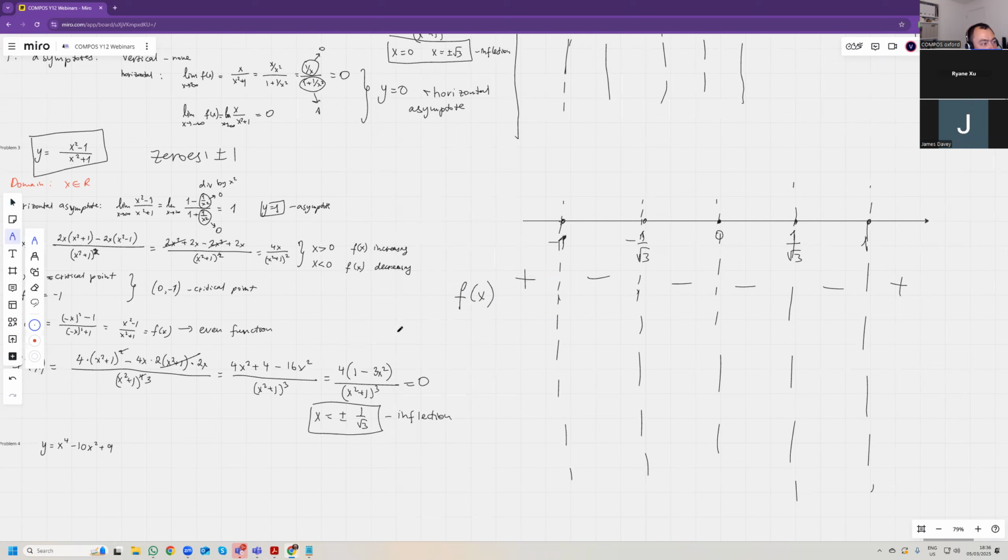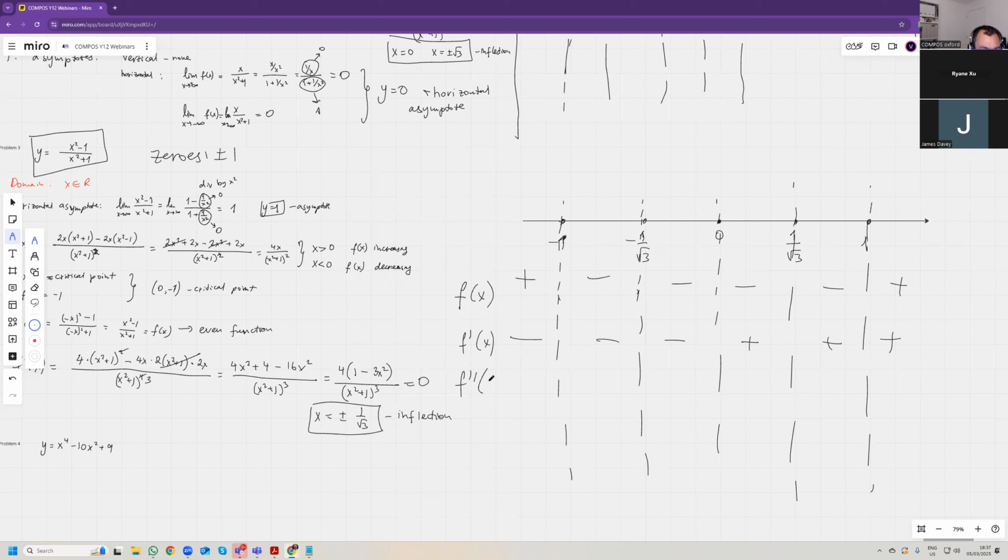Then we have, what do we have? We have the first derivative, and there's only one critical point, so it's increasing. So positive, positive, positive, negative, negative, negative.